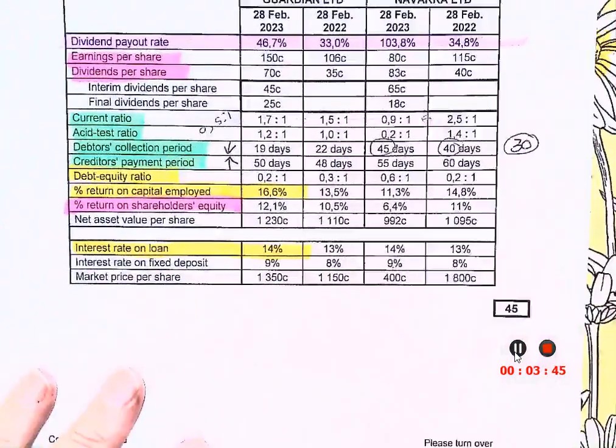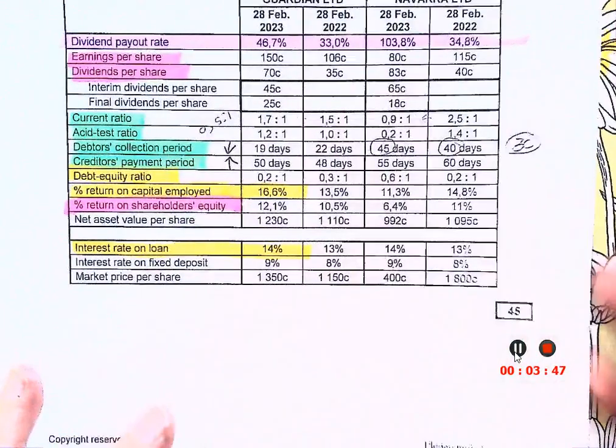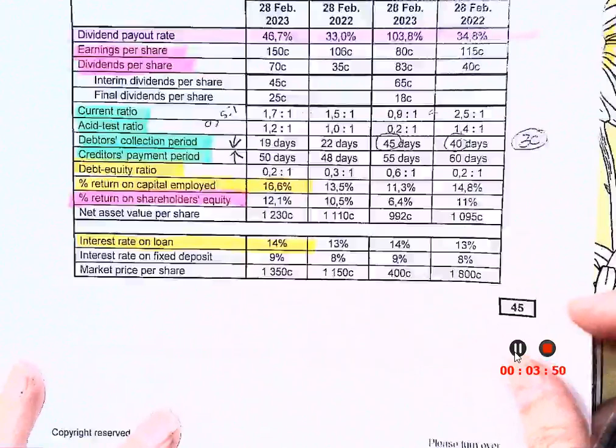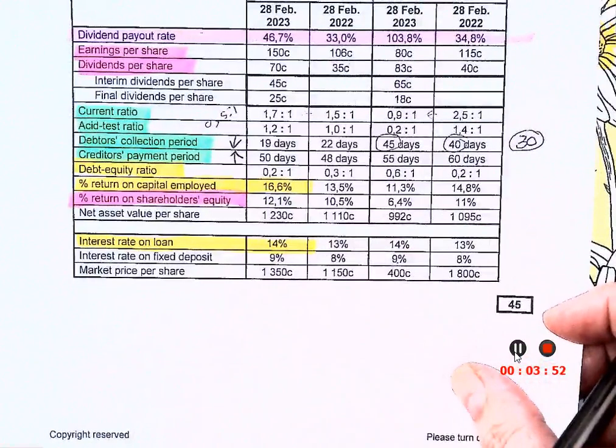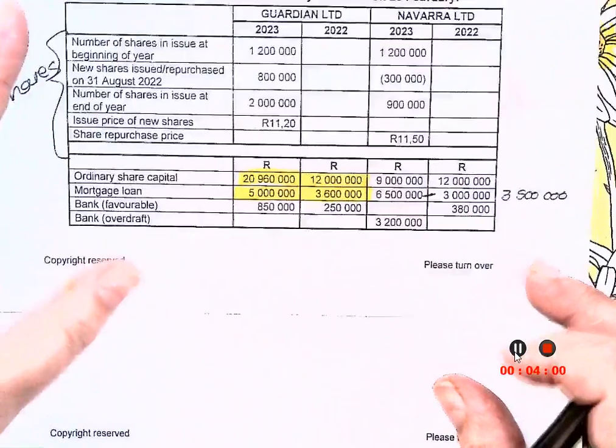Remember now the retained income. We also talked about the retained income, but do they give me info about the retained income? No, there's no info about the retained income. But what info did they give me here? They gave me the bank.